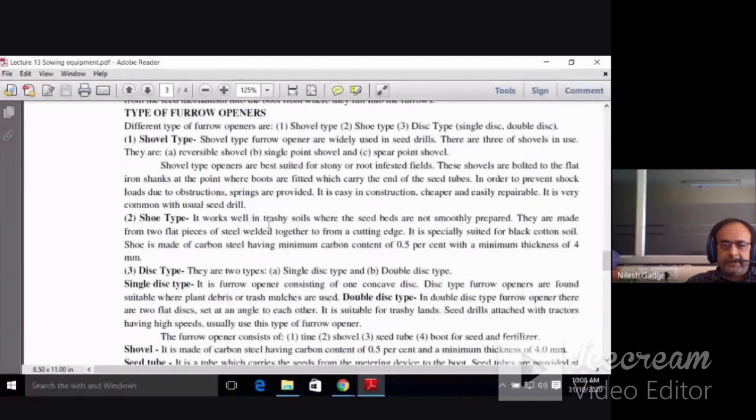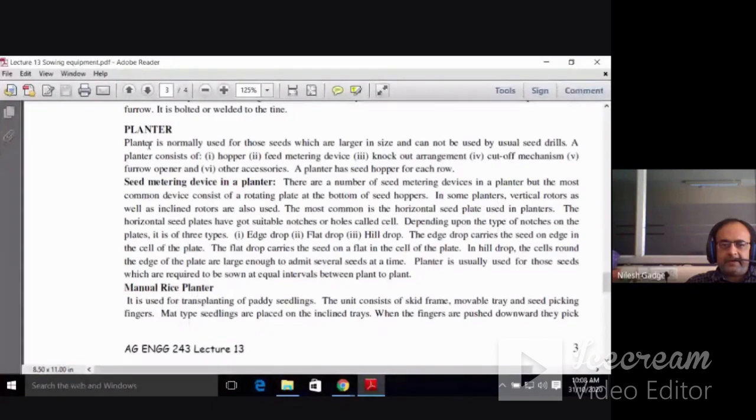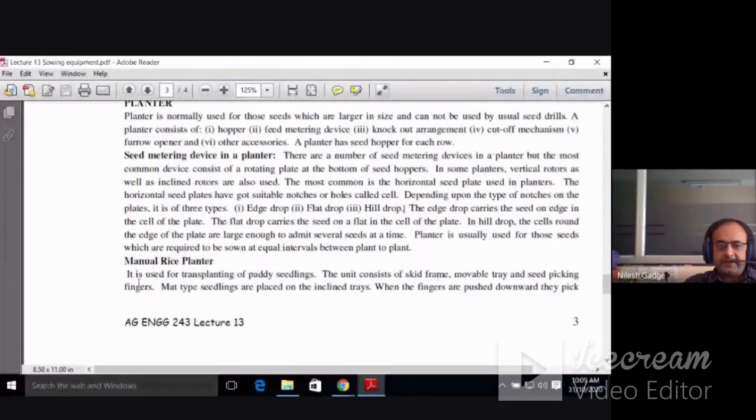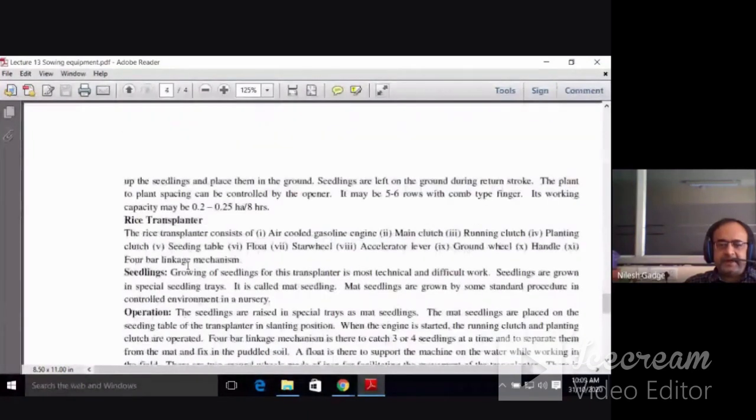So we'll see about the planter. Already I have explained these things. In a planter there are a number of seed metering devices. I already told you that there are three seed metering mechanisms according to the notches: edge drop, flat drop, hill drop, like this. Then there is the manual rice transplanter. A transplanter is a different thing.